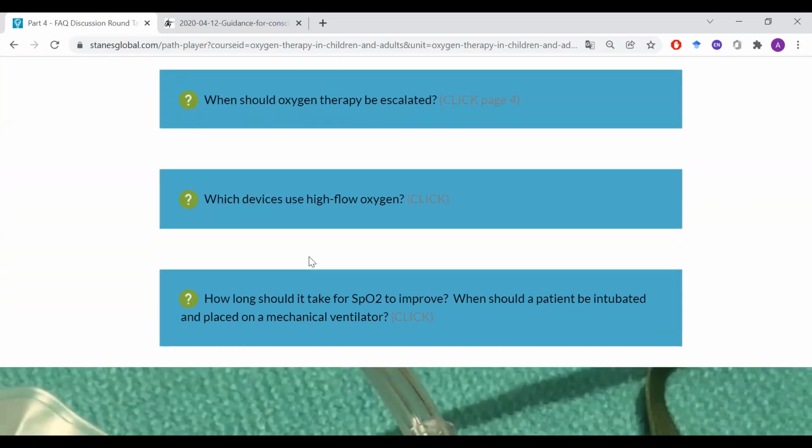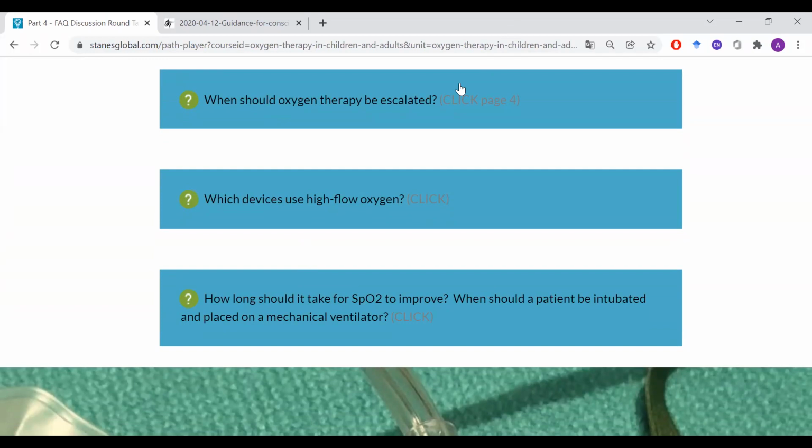About escalation of oxygen therapy. I think we have touched on this briefly, but when should oxygen therapy be escalated? The simple answer is that once you are not achieving the goals with low flow, your option is to increase the flow and increase FiO2, with devices which allow you to achieve your goal.